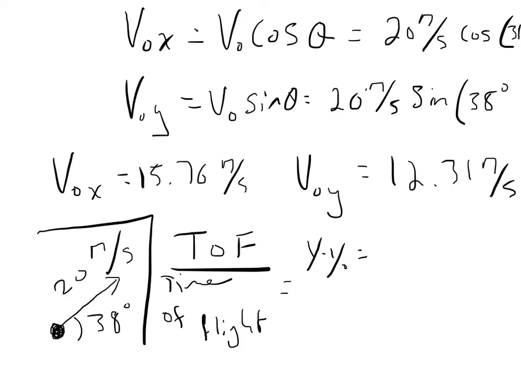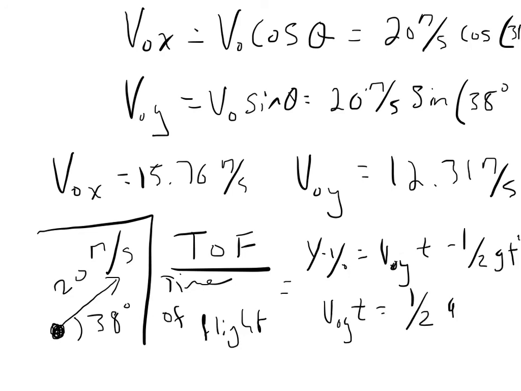But v naught in this instance is v naught y times t minus 1/2 g t squared, right? Can I use that? Yes, I can. Y minus y naught is 0, right? Which means v naught y t is equal to 1/2 g t squared, right?